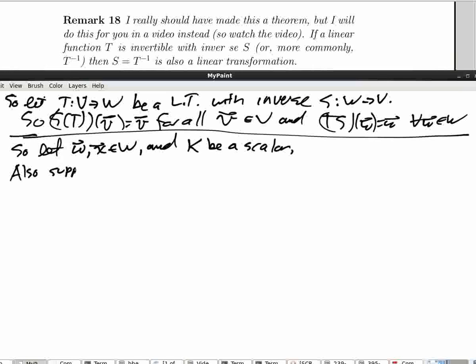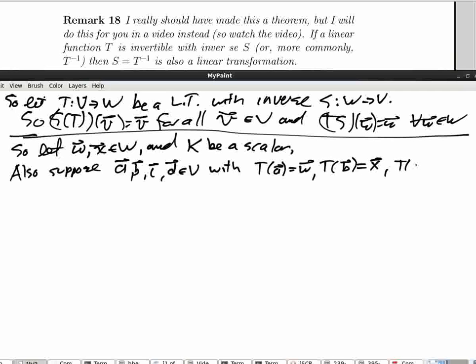Also, I'm going to suppose A, B, C, and D belong to V with T of A equals W, T of B equals X, T of C equals W plus X, and T of D will equal KW.